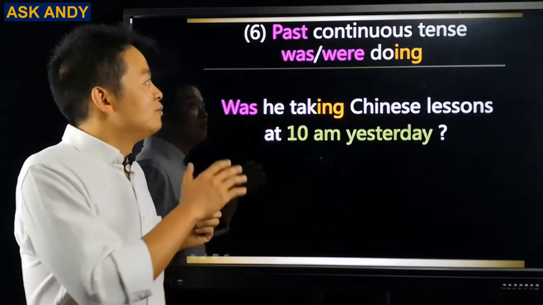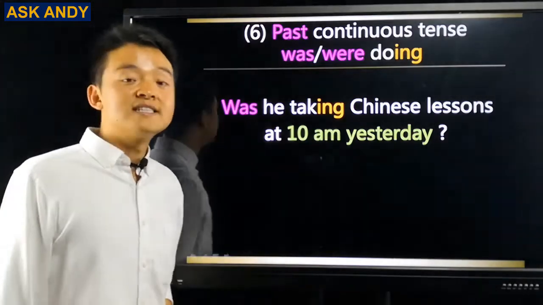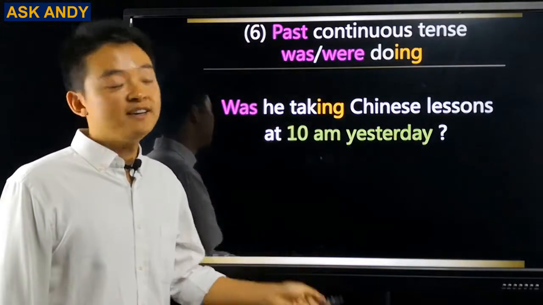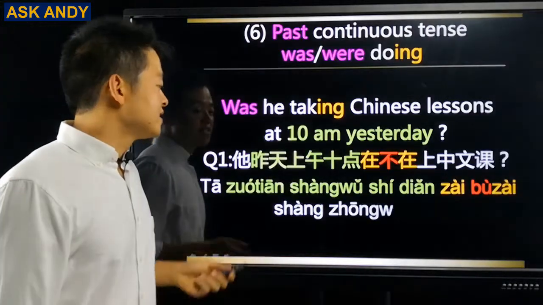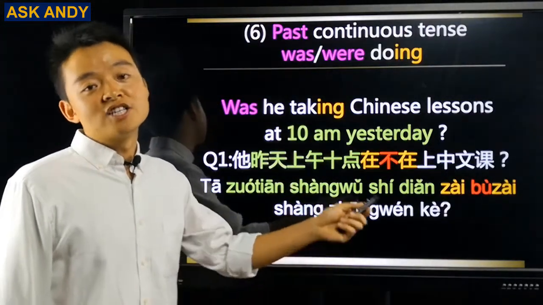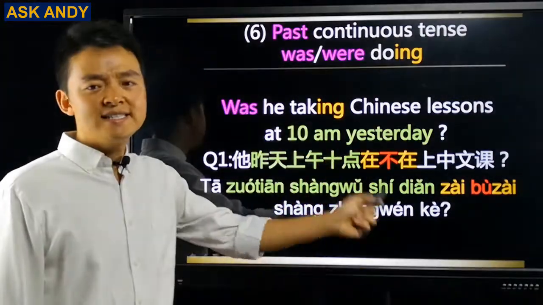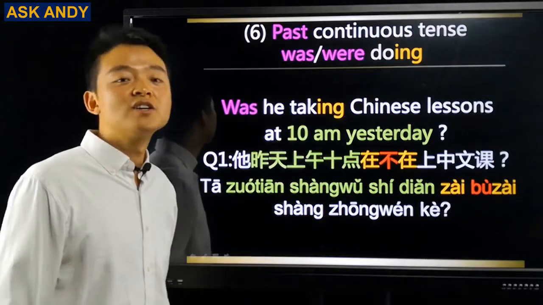The last one, for past continuous tense, the example is, was he taking Chinese lessons at 10 a.m. yesterday? Question 1 is, 他昨天上午10点在不在上中文课?